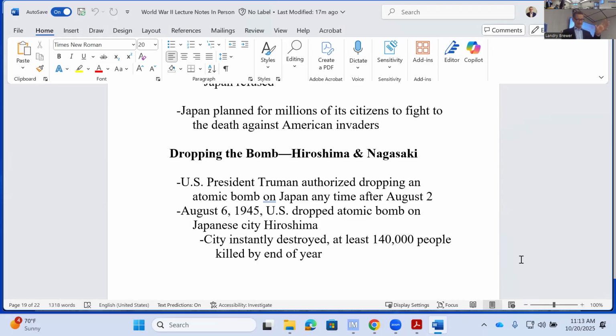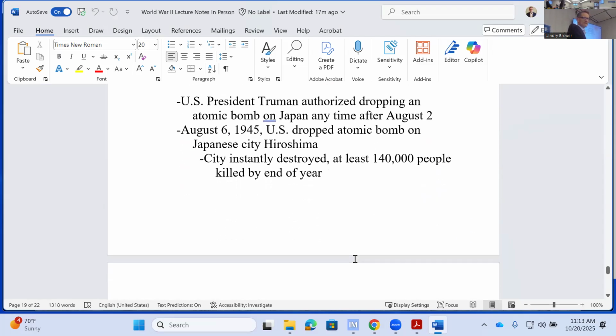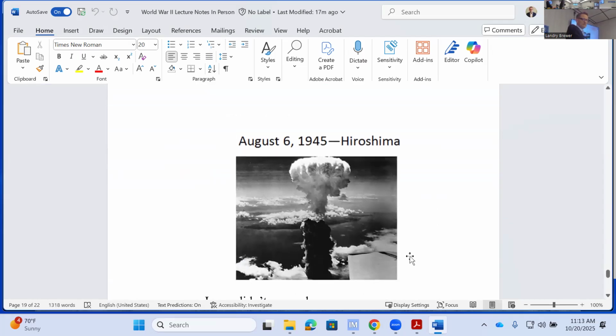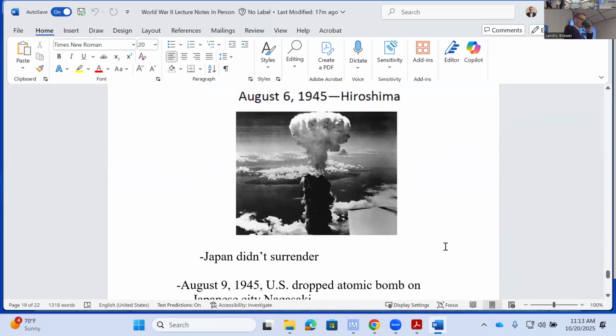Some were killed immediately, others were injured so badly that they lingered and died from wounds, died from radiation poisoning. One bomb destroyed a city and killed 140,000 people.